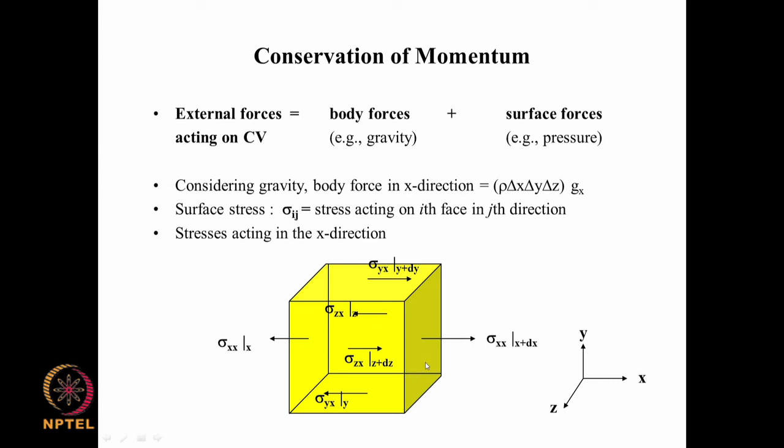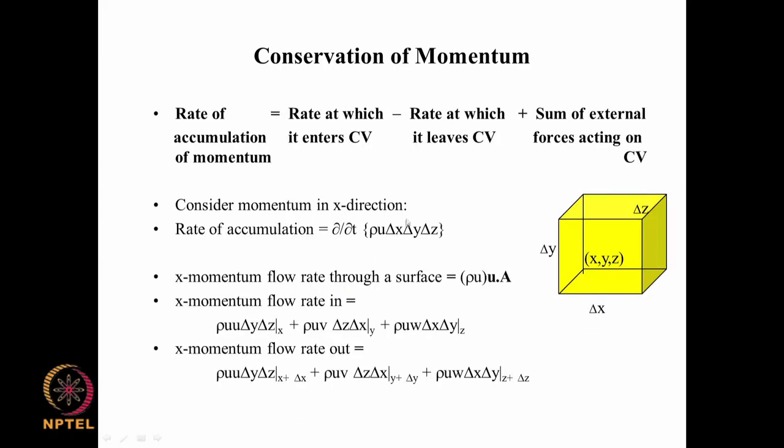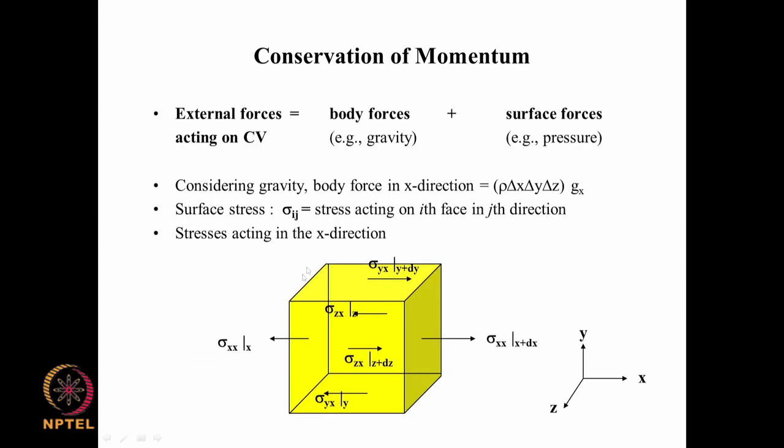This is the convention that we follow with the stresses, and here we make use of two indices, sigma ij, to define the stress. The stresses acting in the x direction, which are important for conservation of linear momentum in the x direction, are what are shown here.